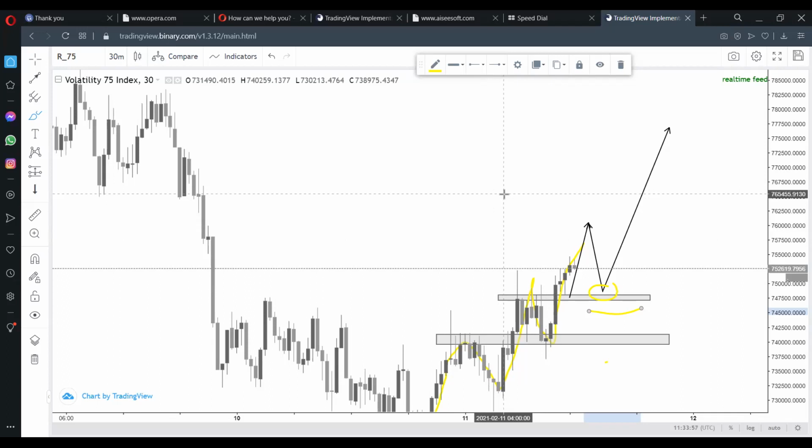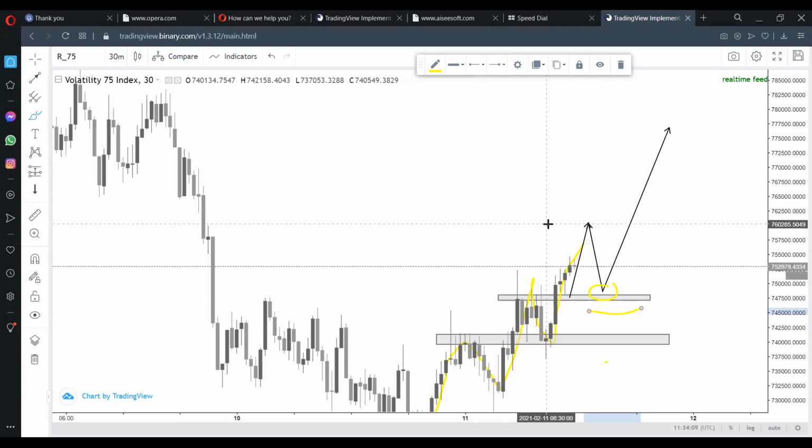But from now on, I want you to be able to exercise patience, because the market is always there. It's better to miss an entry than to take a big loss. And if price is not going in your favor, make sure you close your entries.